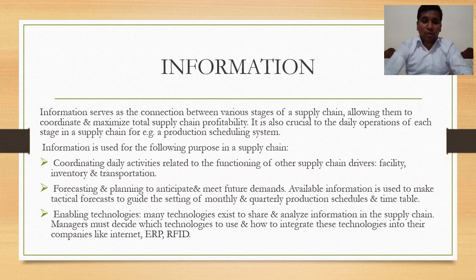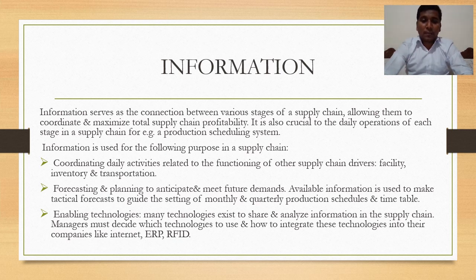Information is used for the following purposes in the supply chain: coordinating daily activities related to the functioning of other supply chain drivers, facility, inventory, and transportation. Forecasting and planning to anticipate and meet future demand. Available information is used to make tactical forecasts to guide the setting of monthly and quarterly production schedules and timetables.